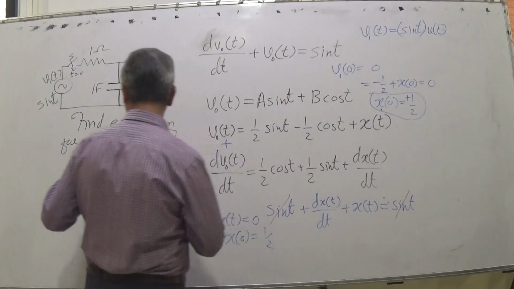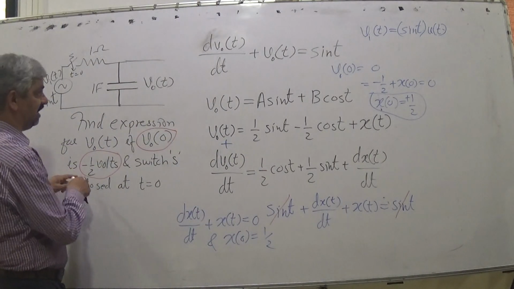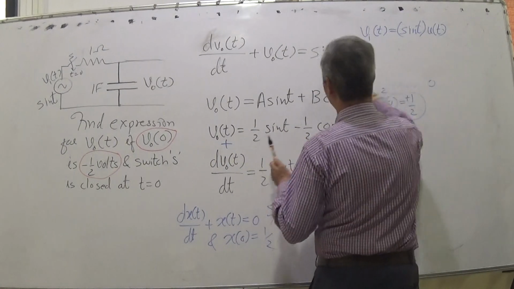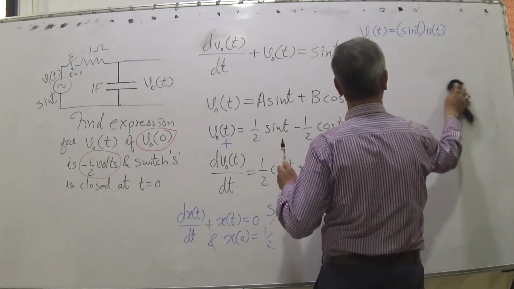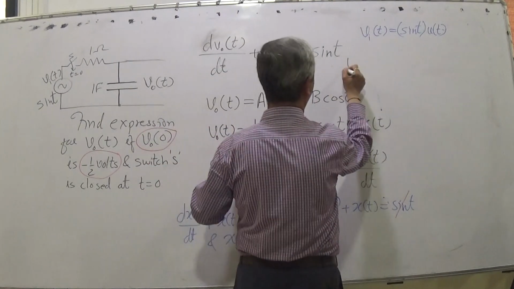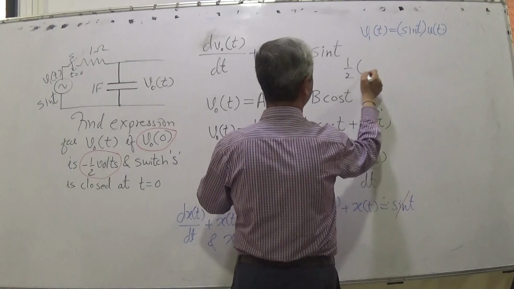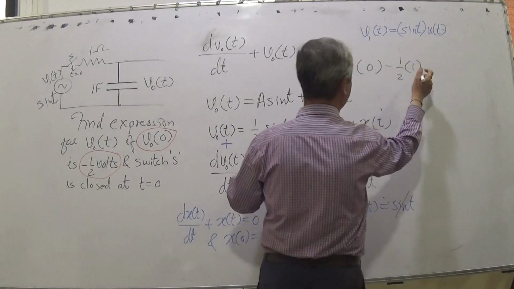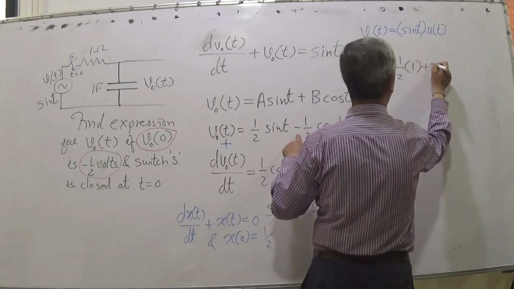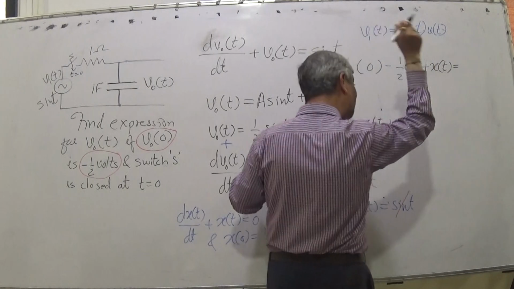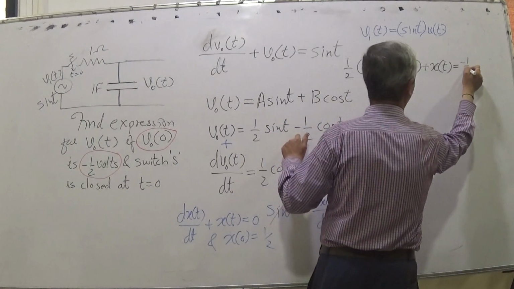VO(0) is minus half. So VO(0) is half sin t, that is 0, minus half cos t, that is 1, plus x(t), and that is equal to, I have deliberately chosen it to be minus half.